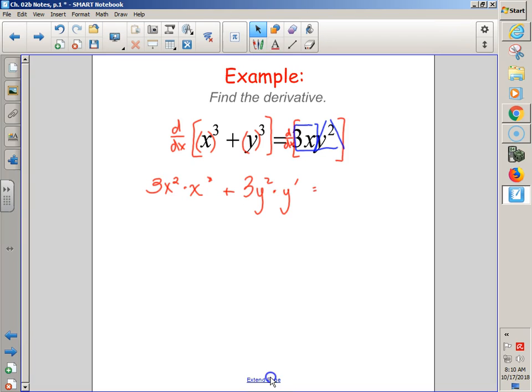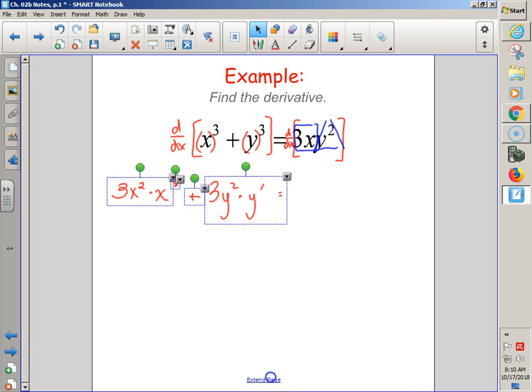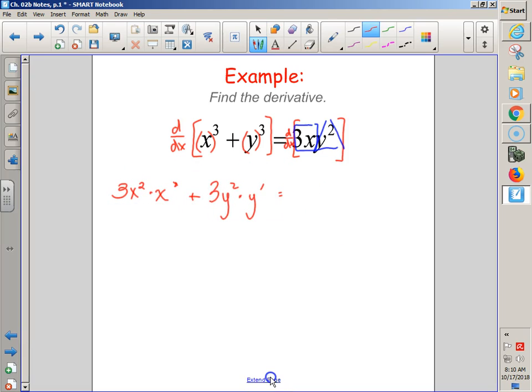And when I go on the other side, and I take the derivative, second, y squared, d first, 3 times x prime, plus 3x, derivative of y squared is 2y times y prime. But do we ever write x prime? No. Why? What is the derivative of x?